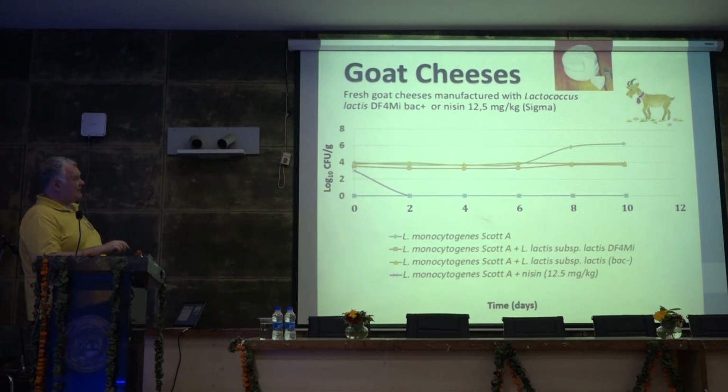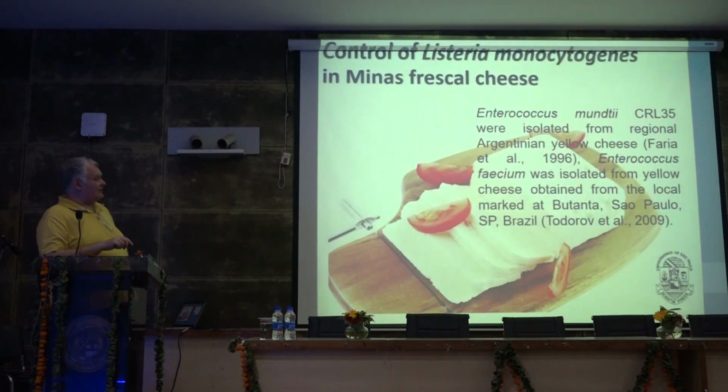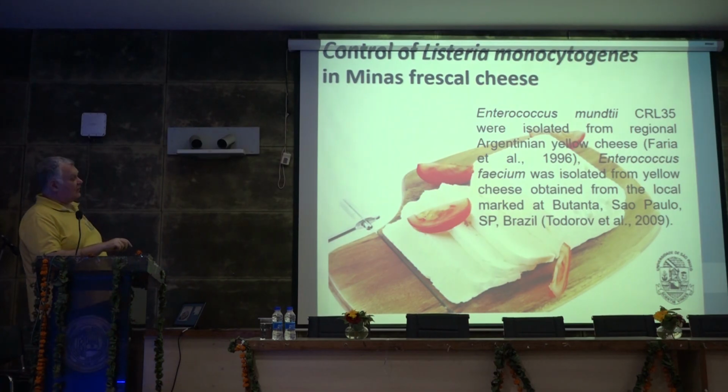So it's a little bit disappointing, because you have the bacteriocin production, but the strains that don't produce bacteriocin act the same way. Quite interesting results, not too bad, but not really proving that bacteriocin is working well.